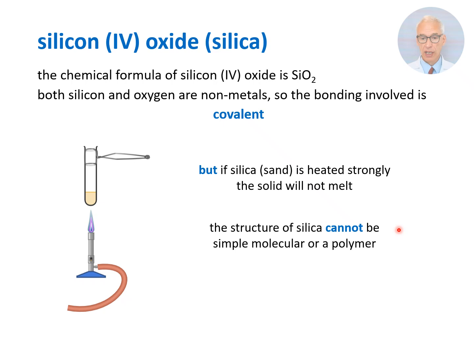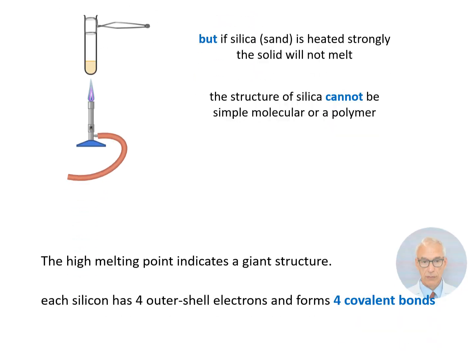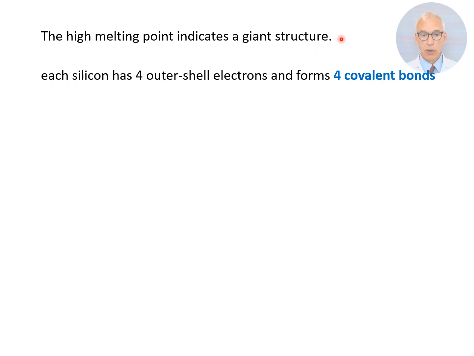That means the structure of silica, silicon 4-oxide, cannot be simple molecular or polymer. Both those structures produce low melting points, but silica has a high melting point. So the high melting point of silica indicates a giant structure.